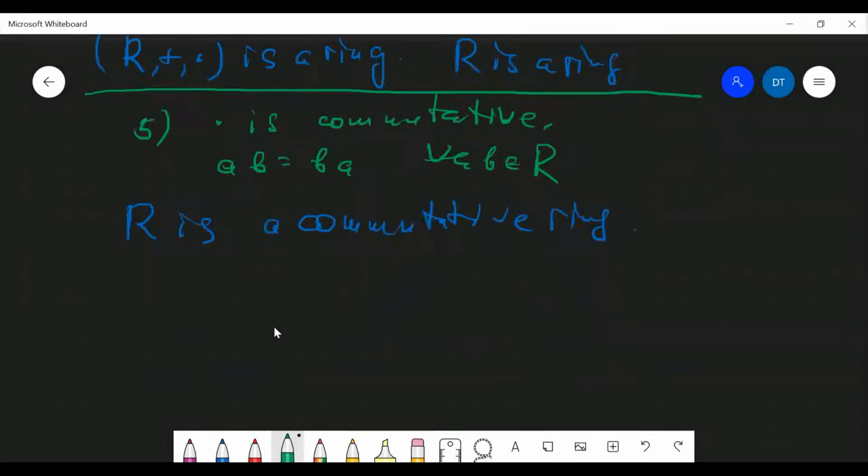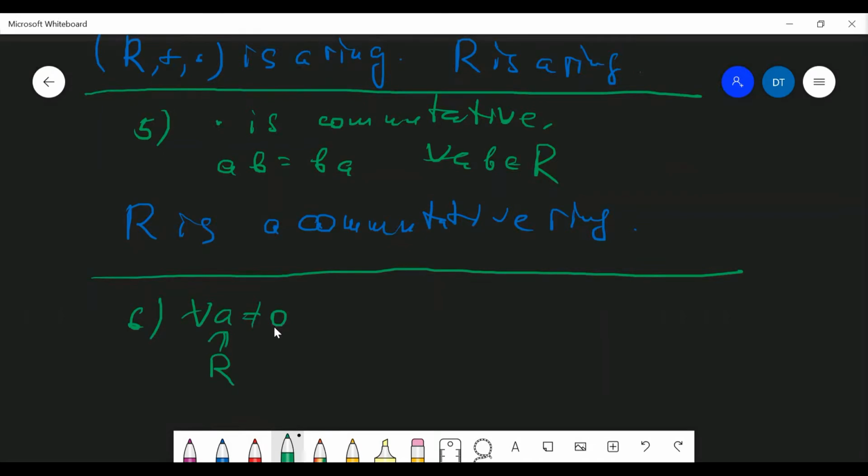And we may also pose an additional axiom, which is axiom number 6. Here we will require that every non-zero element of the ring has an inverse. So for every non-zero element A of the ring R, there exists an element B such that A times B equals B times A equals 1.